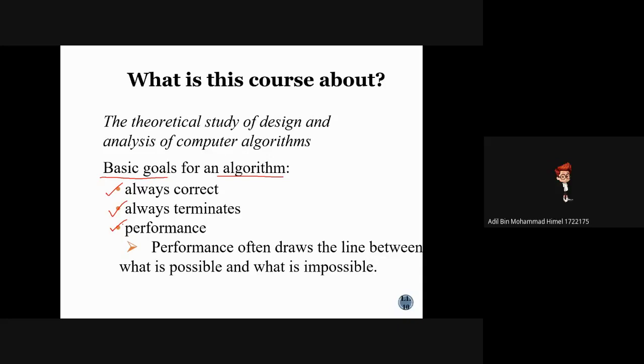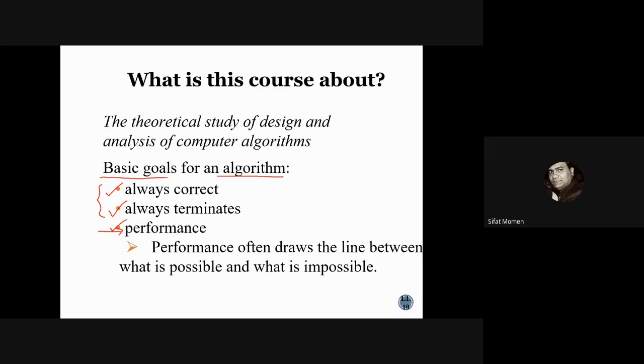Okay. Yes, sir. So this is something we want to concentrate on now. Along with these basic properties, we want an algorithm to perform well. Right? Yes, because if an algorithm does not perform well, then its usability becomes a question.